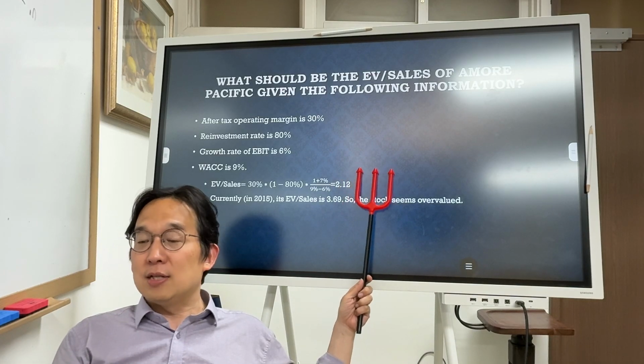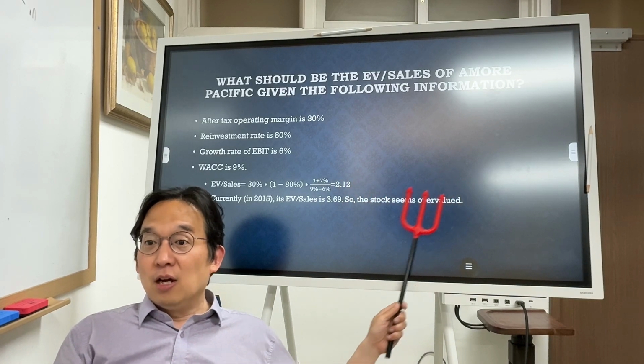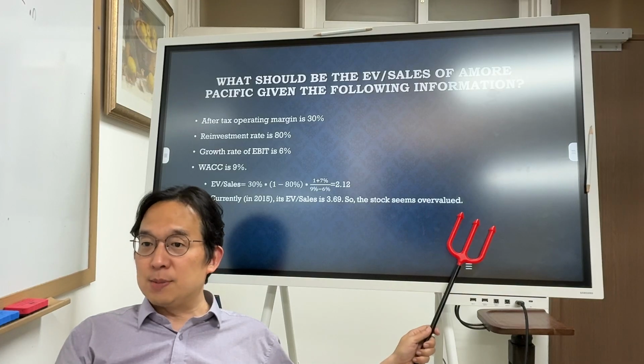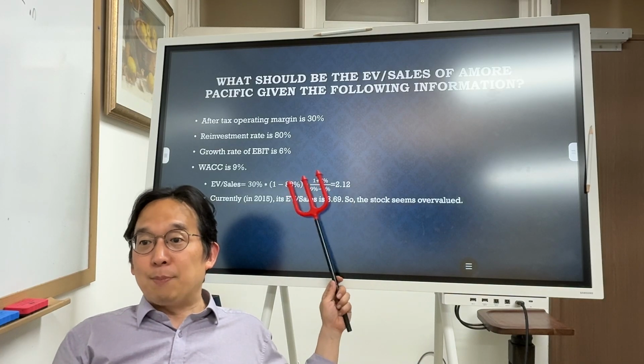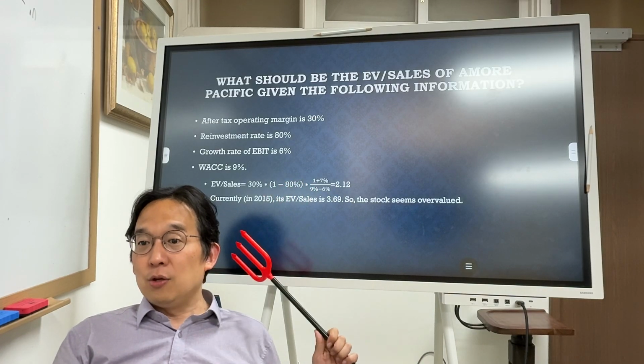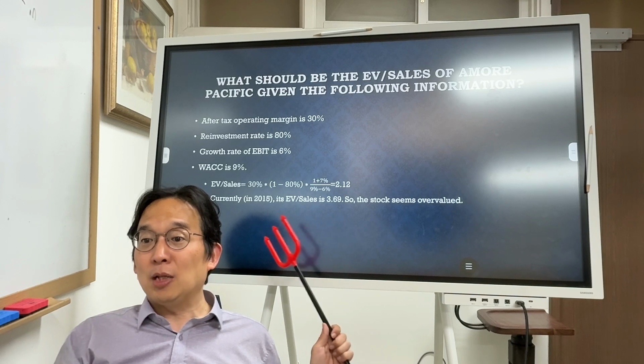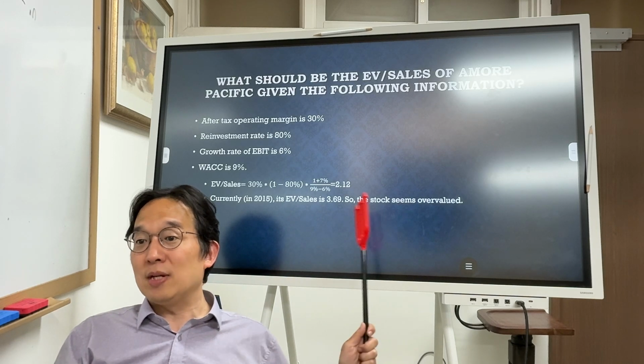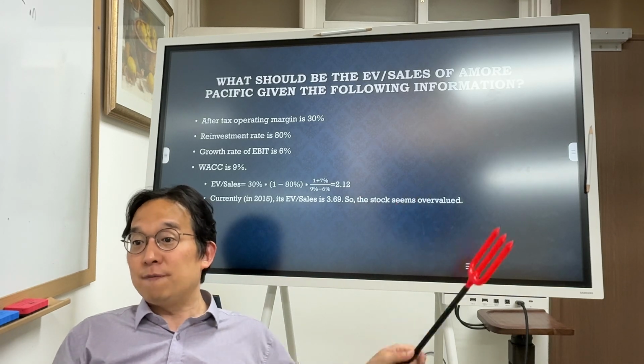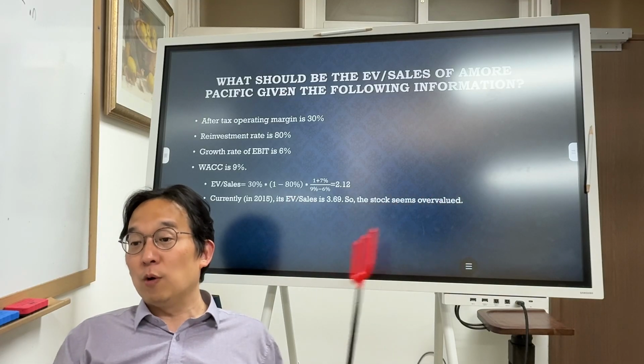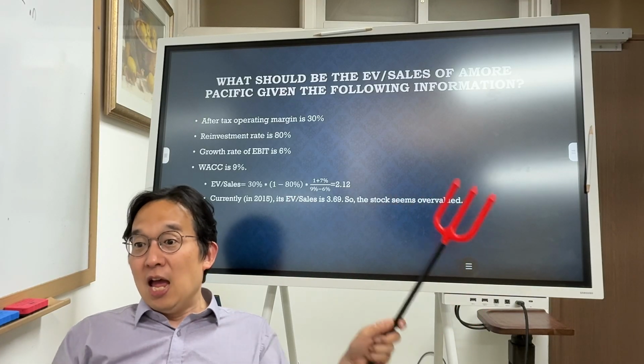Reinvestment rate, let's assume it to be 80%. Growth rate of EBIT, assume it to be 6%. WACC, 9%. And then your EV to sales ratio has to be the multiplication of 30% times 1 minus 80% times the factor 1 plus G over WACC minus G.